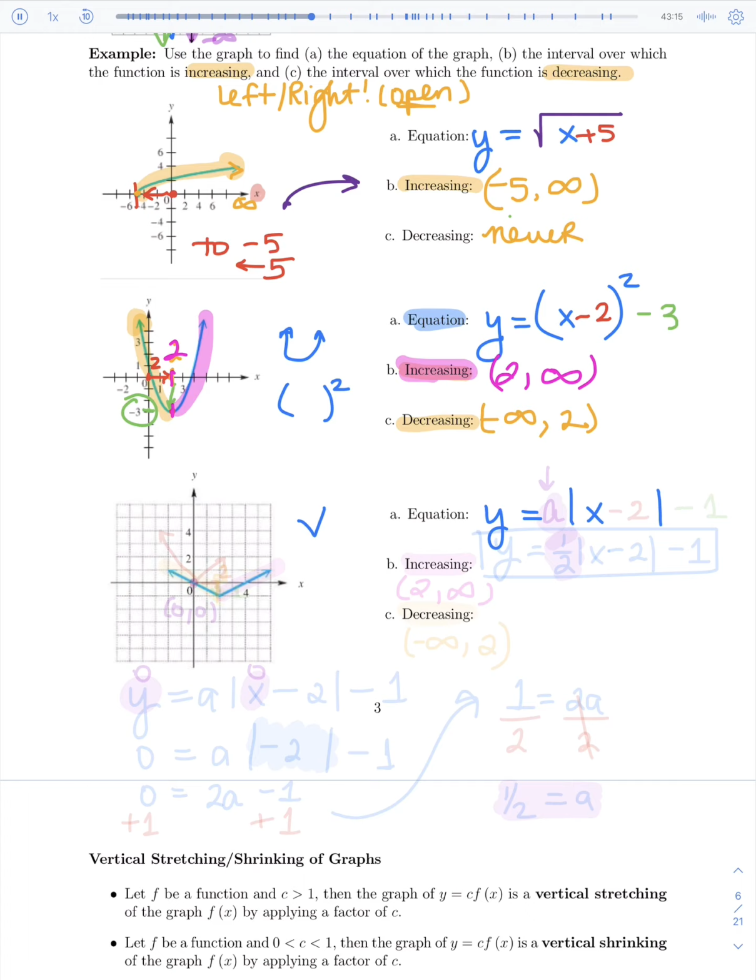Well, it normally has the center of its V at 0, 0. Well, that means it's been shifted to the left 2, but then it's also been shifted down 1.